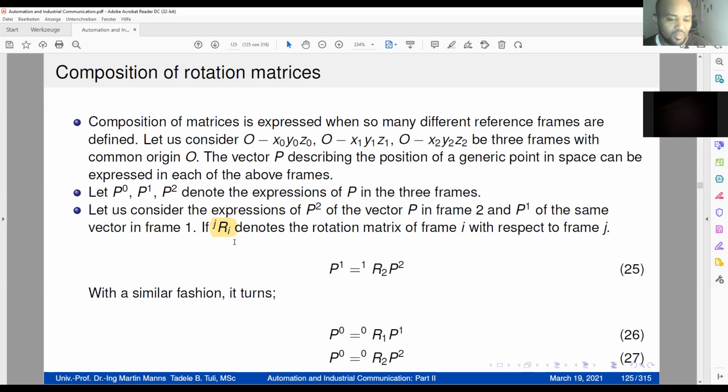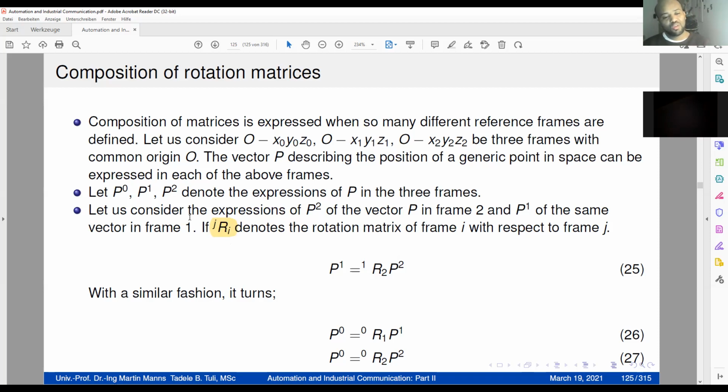Because I change the order of the index. JRI is equal to IRJ transpose or IRJ inverse, because I change the order.